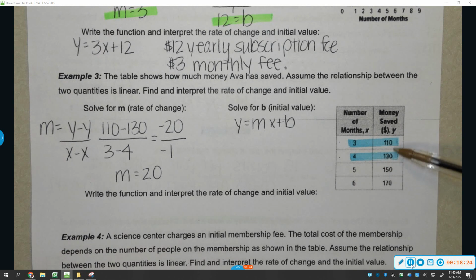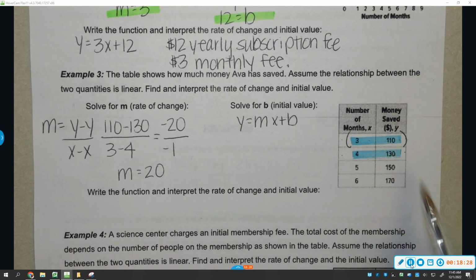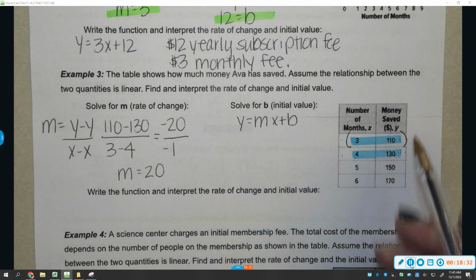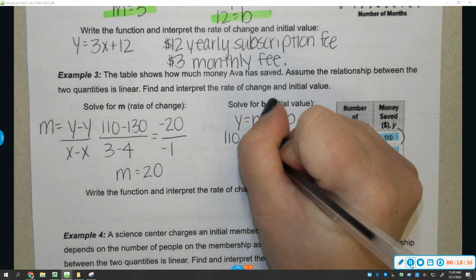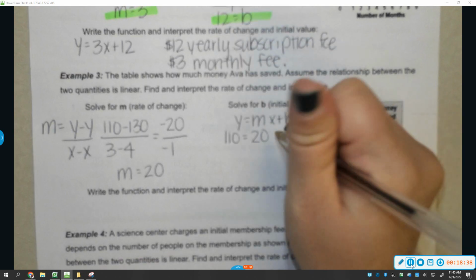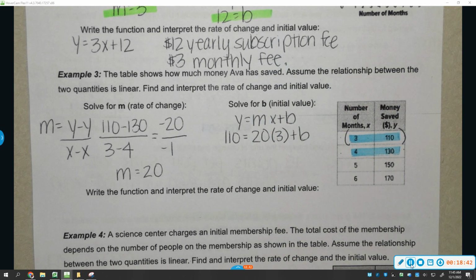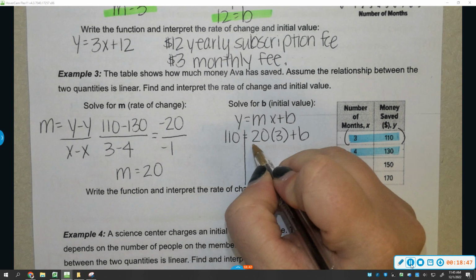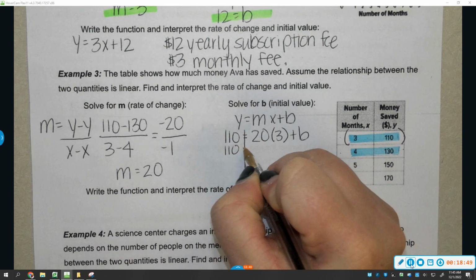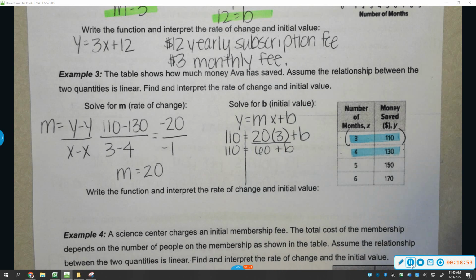So again, choose any of these 4 ordered pairs. Like I did before, I'm just going to use the first one. So y, or 110, equals m, or 20, times x, or 3, plus b. Now I simplify to solve for b. So 110 equals 20 times 3, or 60, plus b.